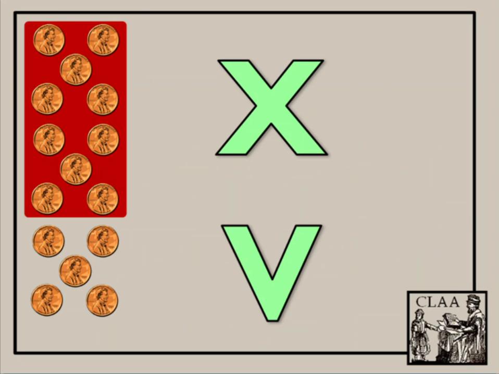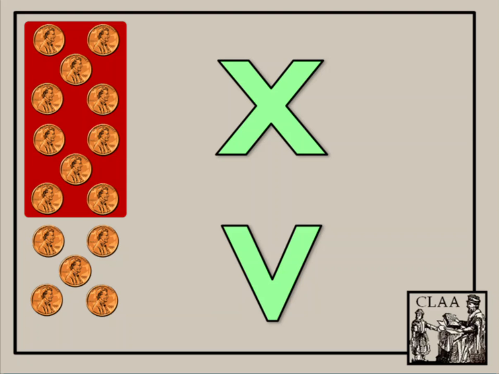Once again, we see one set of decem, or 10 pennies, in the red box. Next to that set, we see the symbol for the number 10, or decem. Below the red box, we have some pennies left over. How many pennies are left over?